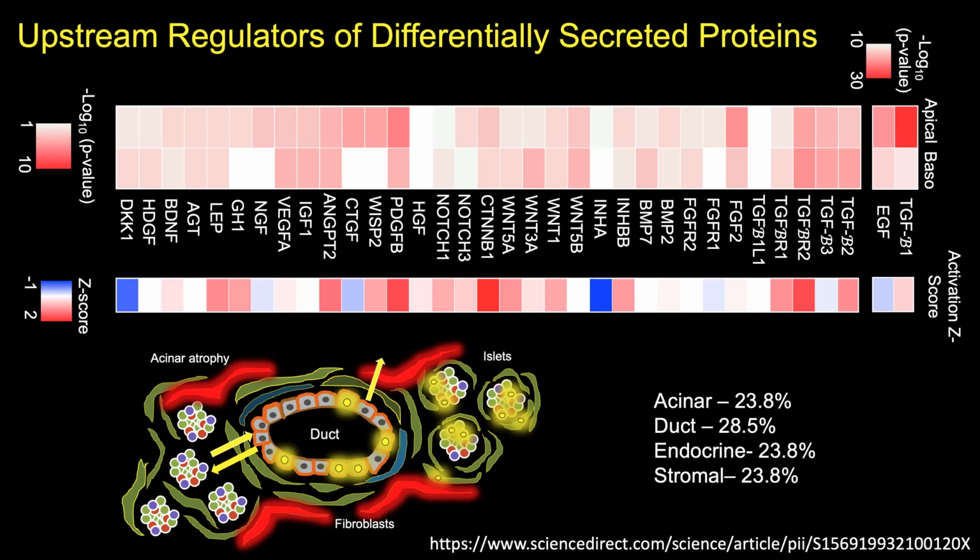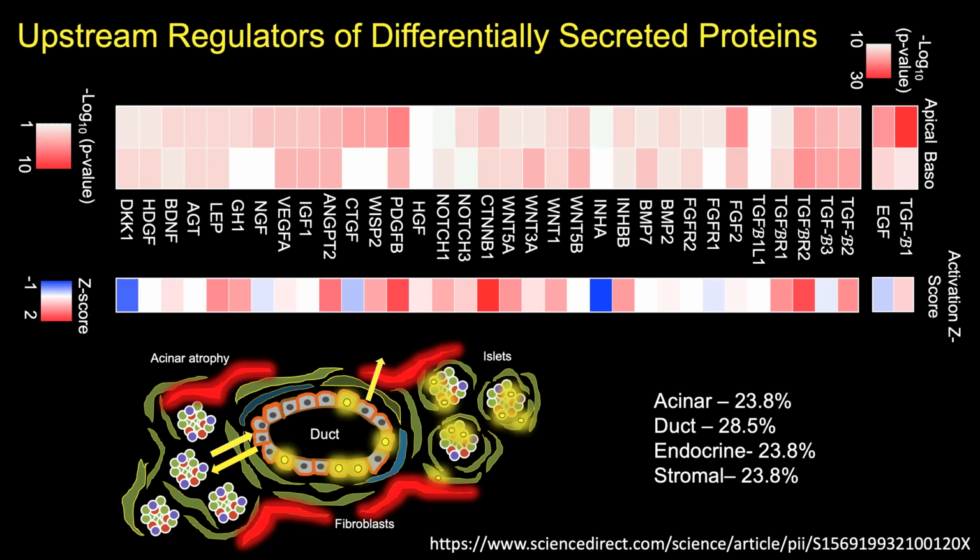We also mapped the differential interactions between the various cell types in the pancreas. The differentially secreted proteins were mapped to their cognate receptors, and the cells those receptors are enriched in. This gave us a list of putative paracrine interactions, and we found that the duct signaled to both the endocrine and exocrine pancreas.